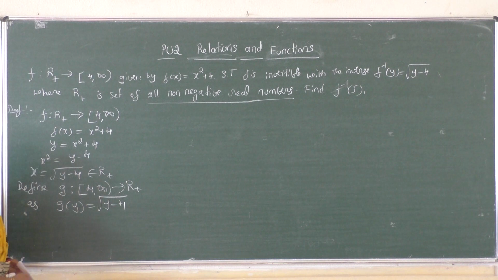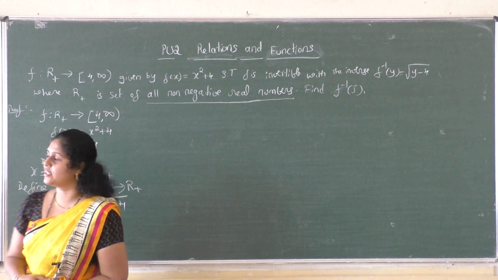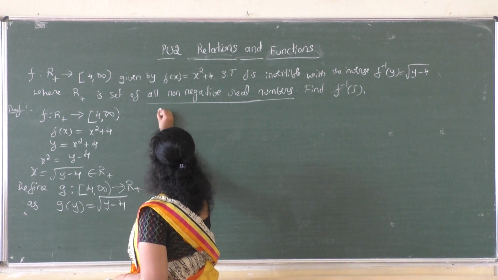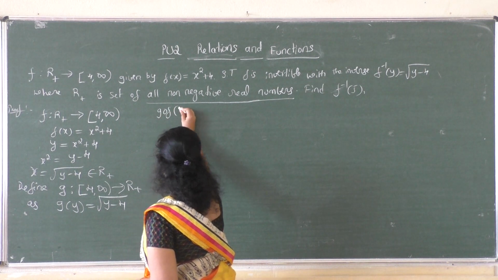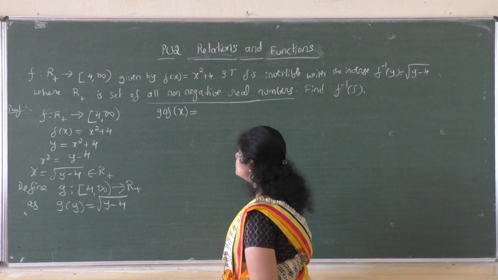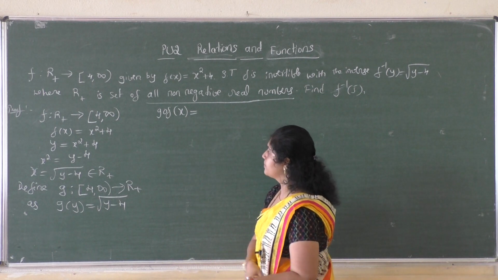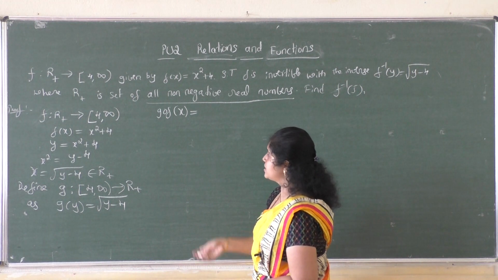Now we have to prove that g of f is identity and f of g is identity. So let us write g of f of x. I will prove g of f of x is equal to x. Now what is g of f of x?